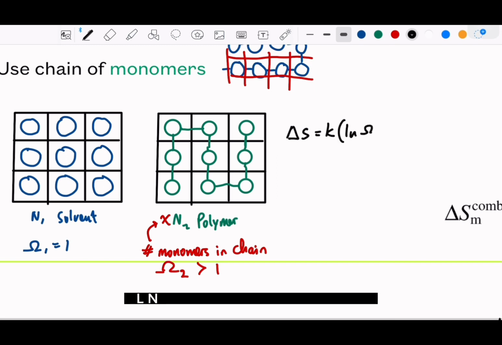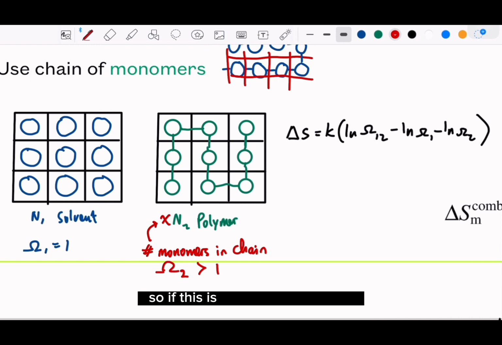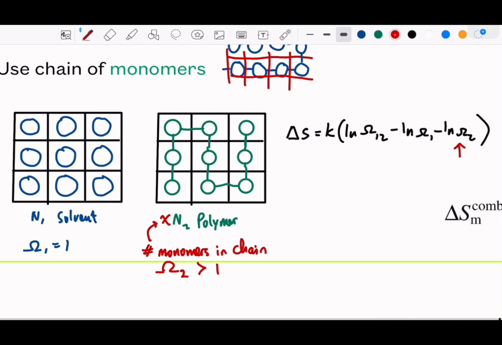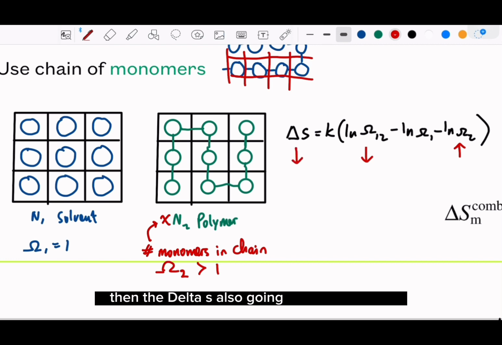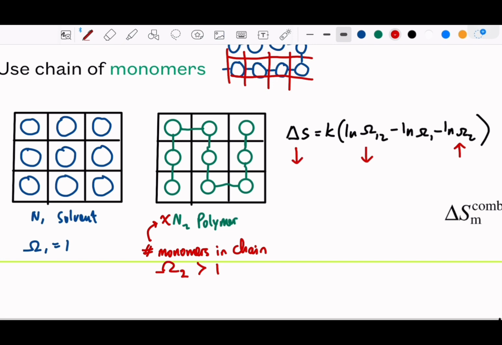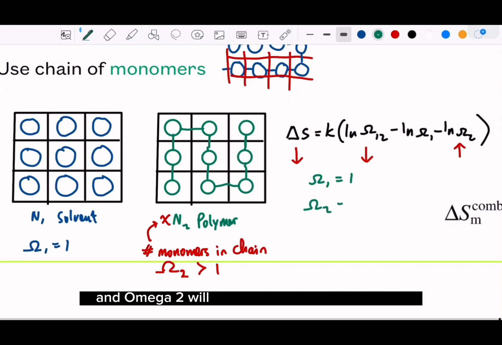S equals k, ln Omega 1,2 minus ln Omega 1 minus ln Omega 2. So if this is going to be increased, and this is going to be decreased because of this combination between 1 and 2, then the delta S also is going to be decreased. So you can imagine this is going to be 0 for the omega 1 equal 1, and omega 2 will be greater than 1.